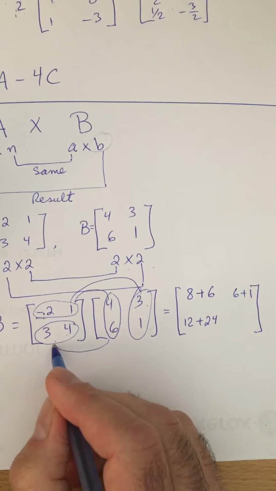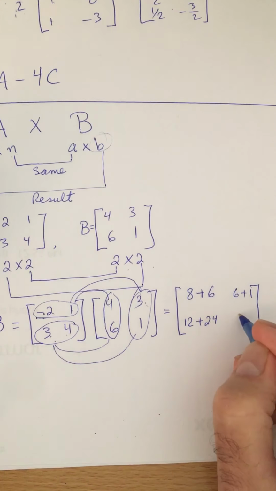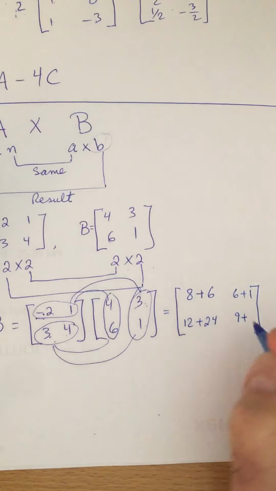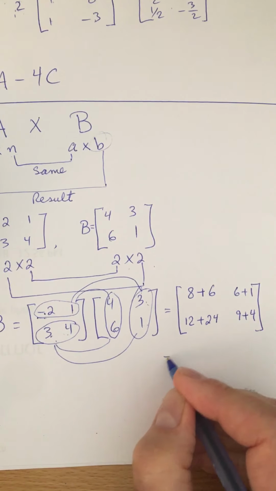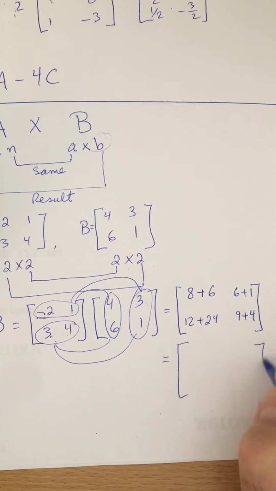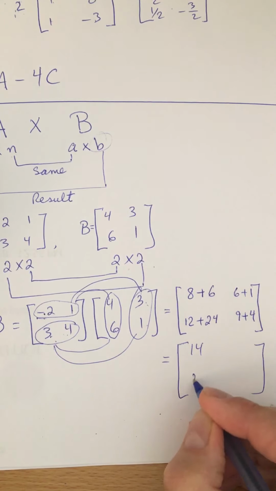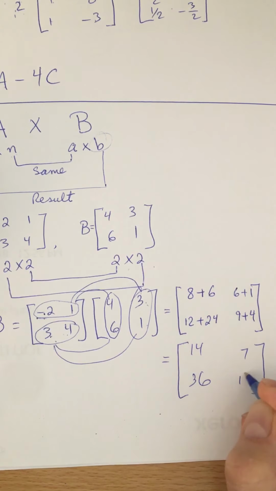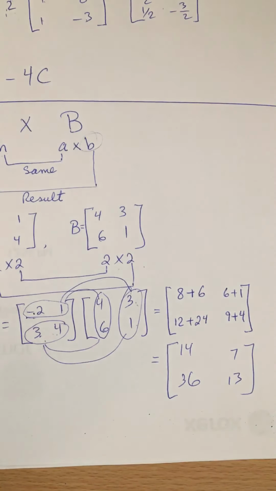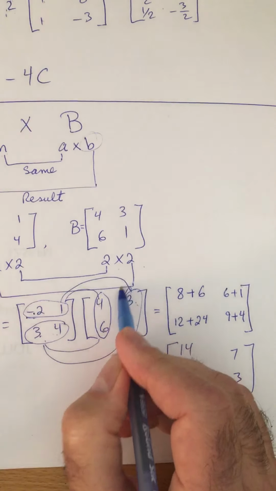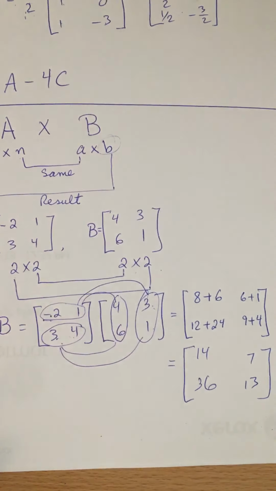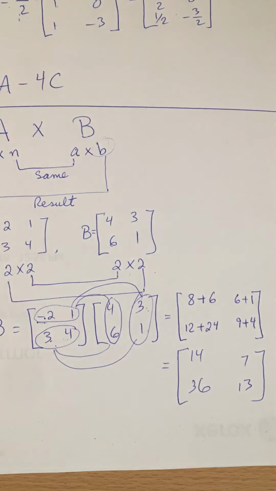And then this row times this column, 3 times 3 is 9, plus 4 times 1 is 4. So the resulting matrix will be 14, 36, 7, and 13. Is it 2 by 2? Yes, as we predicted, it's a 2 by 2 matrix. And that's the resulting matrix.